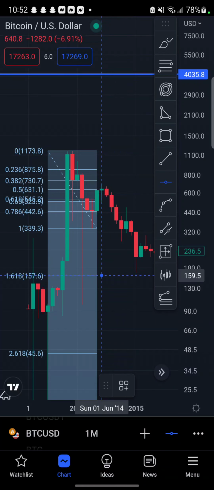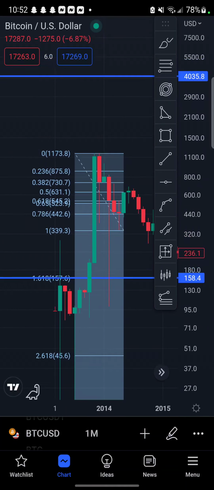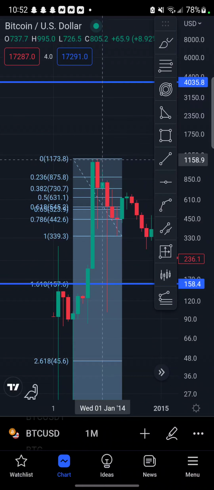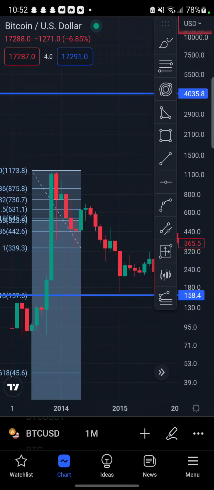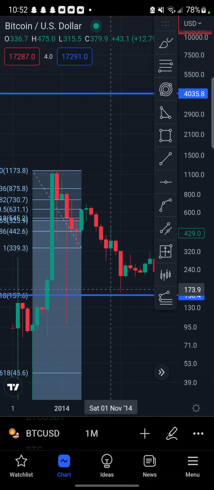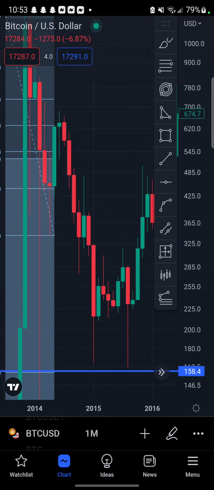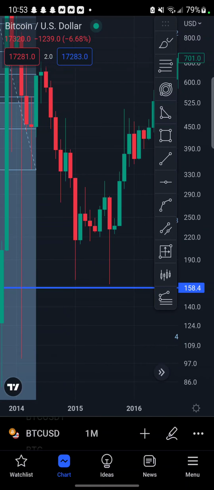Mark our horizontal line. Bam. It was saying that once we hit a price close to $1,200, we were going to touch $157. And that's eventually what we did. We actually went to 166. So it was off slightly, but as you see, it was pretty much close to the 1.618 target. 161, so that was closer right there.